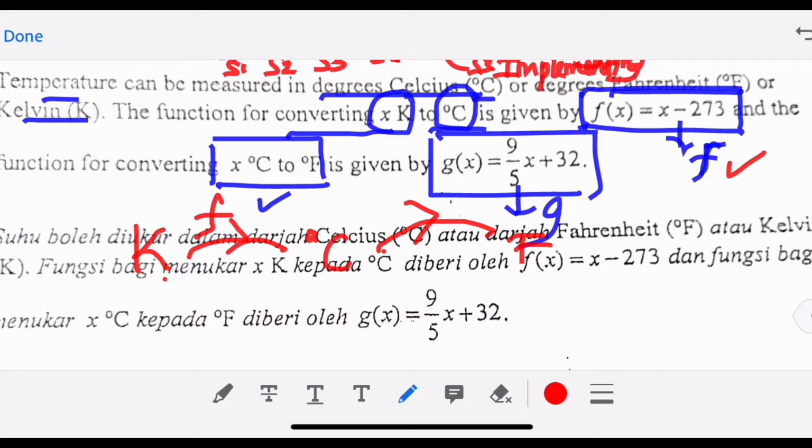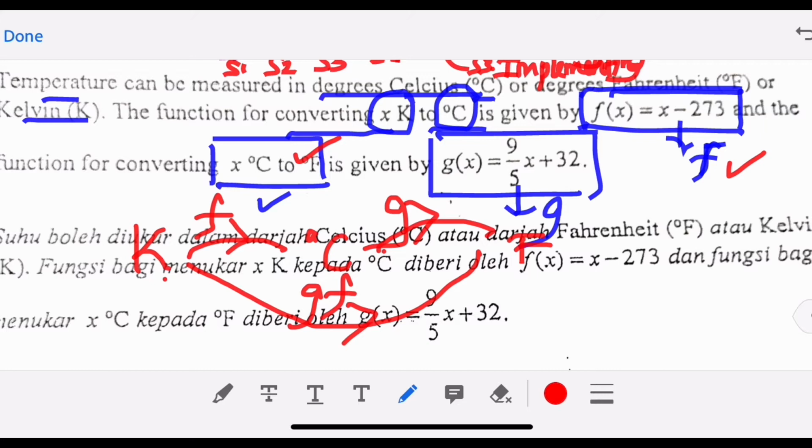Okay, Kelvin to Celsius, Celsius to Fahrenheit. Okay, so now the question says from Celsius to Fahrenheit you are given the g. See or not? Okay, so you have to draw out what we call a mapping, right? Alright, so from Kelvin to Fahrenheit we also can have the function gf, composite function.